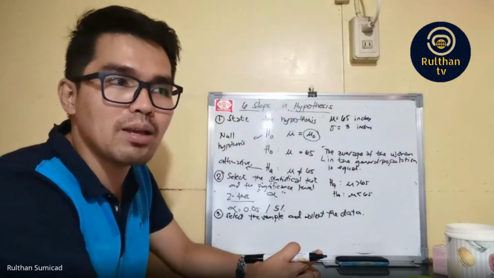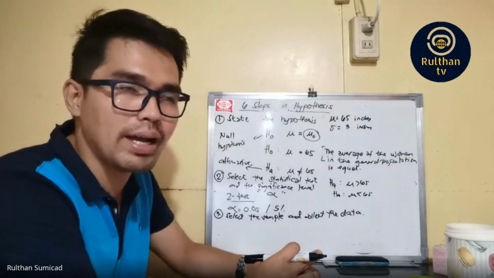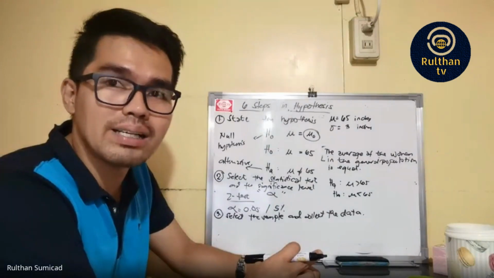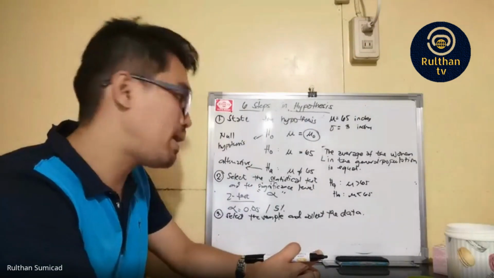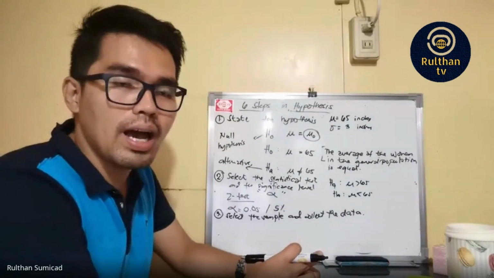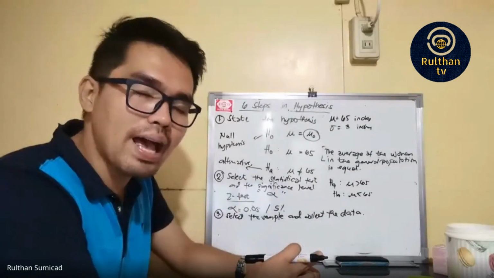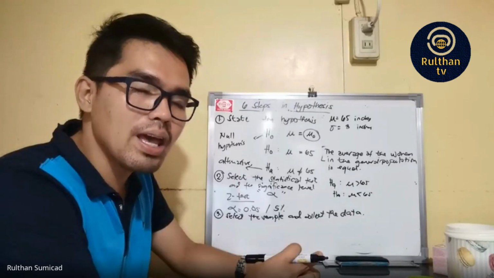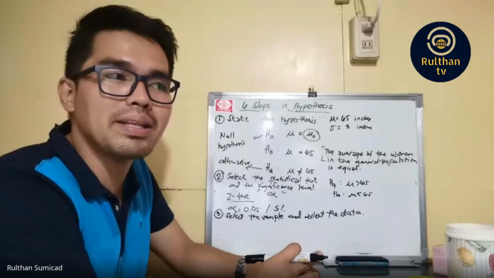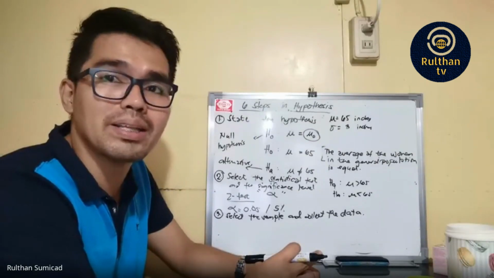But if your alpha value is 0.01, there is a minimal risk of committing type 1 error. But according to the explanation of this author, the more sample you have, the smaller the risk of committing type 2 error.